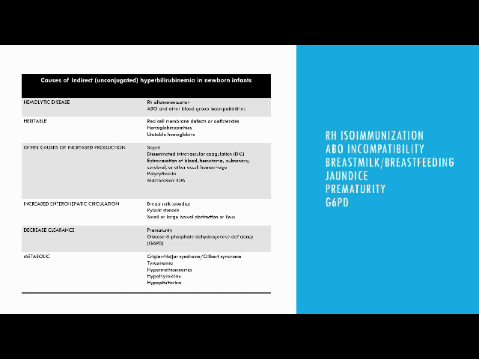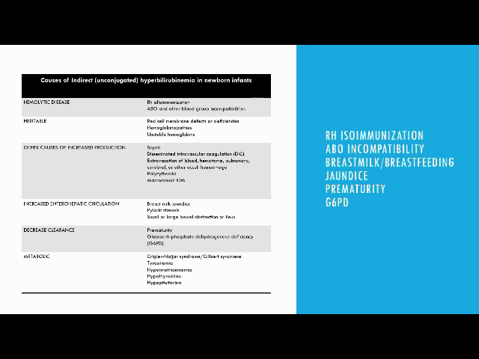These are the situations that could occur in a newborn infant. You have different categories of hemolytic disease, which we will talk about too. The heritable ones, so you inherited this from your parents, it's genetic. That's some of those red cell membrane defects or enzyme deficiencies, the hemoglobinopathies.